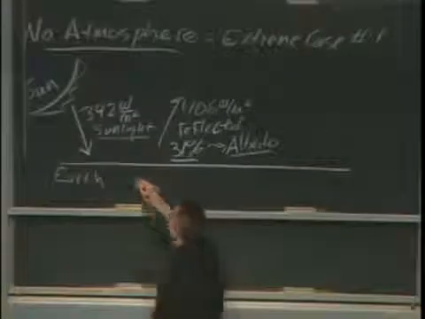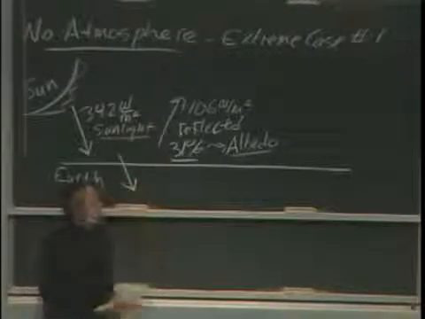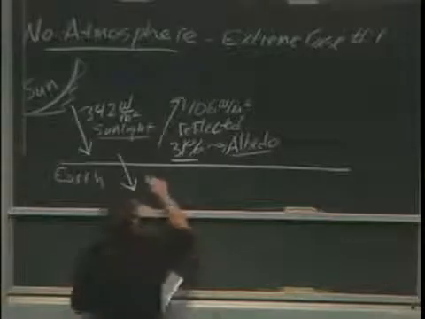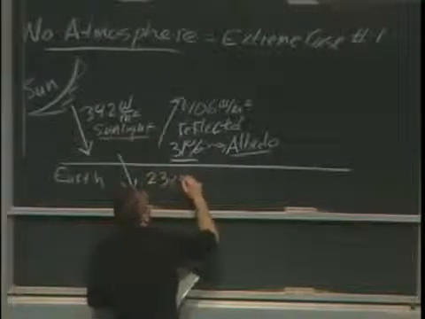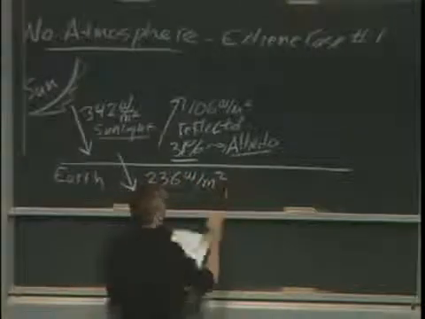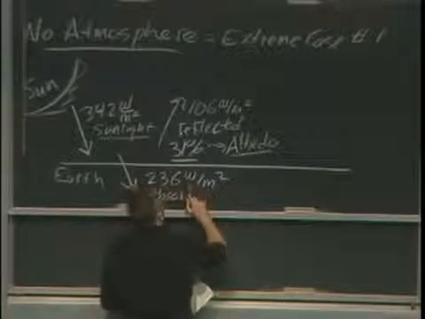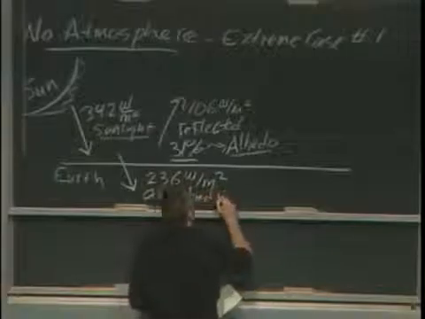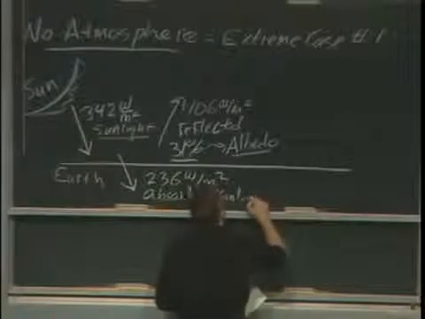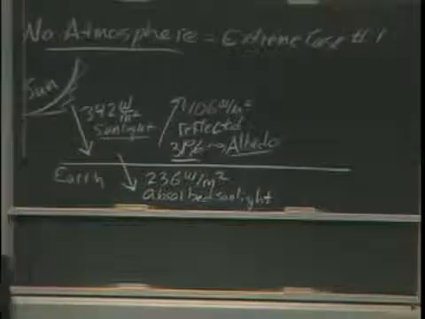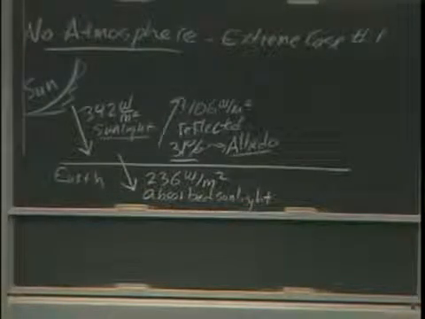So the net amount of power that is coming into the Earth from sunlight is about 236 watts per square meter that is absorbed. Okay, so that is the power that is going to heating up the surface of the Earth on average.